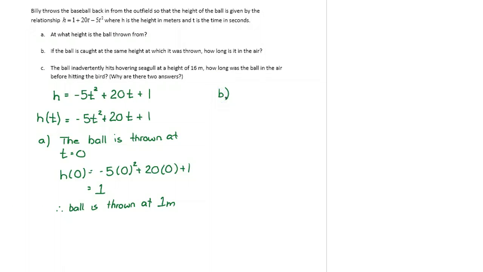Okay, so now let's do B. If the ball is caught at the same height at which it was thrown, how long is it in the air? If it's caught at the same height it was thrown, that means h is equal to 1. So we can say 1 = -5t² + 20t + 1.